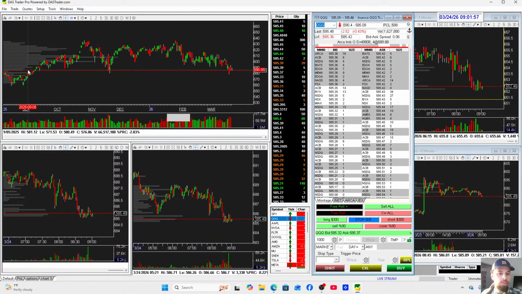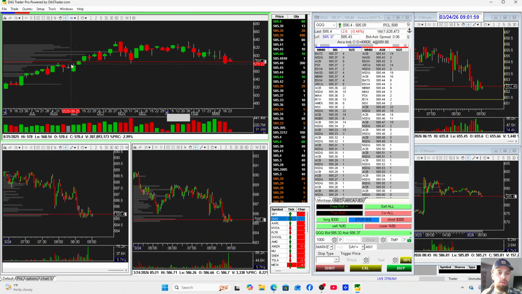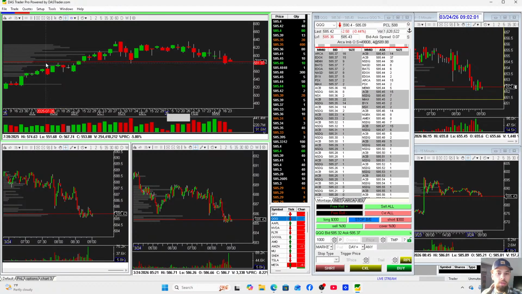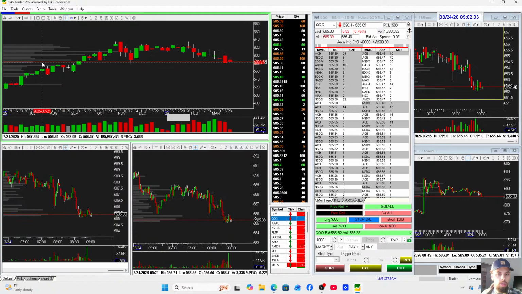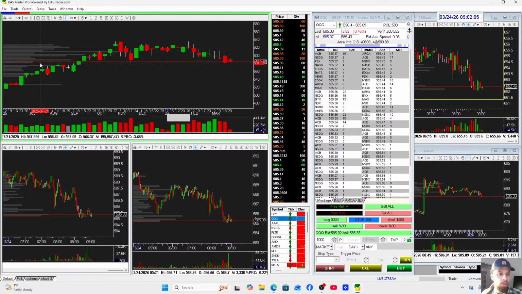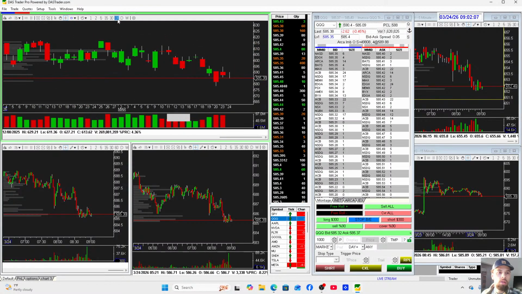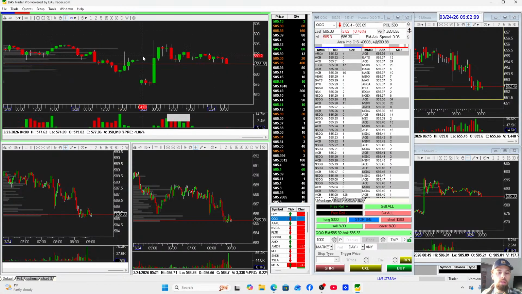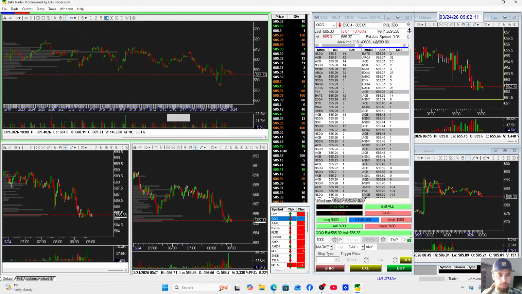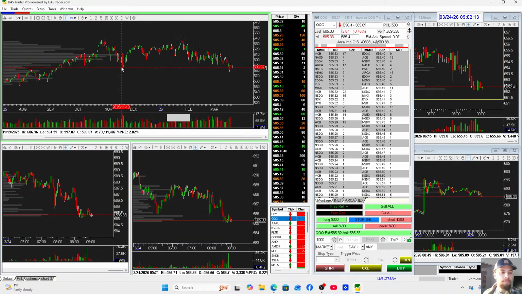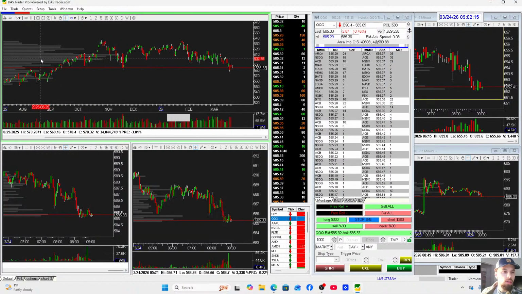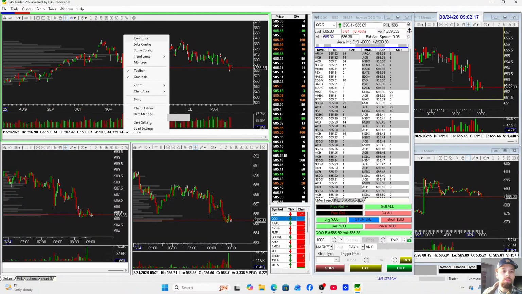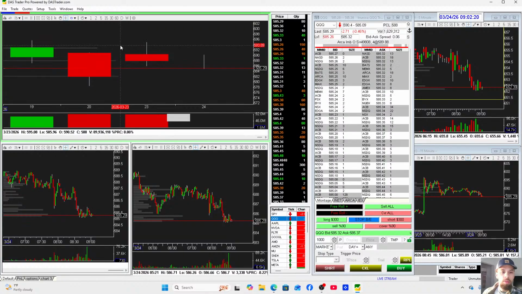Let's see. So area of resistance / support that I'm gonna draw here. Let's go to daily. Just flipping through the charts here. On the daily, we'll go to the monthly.